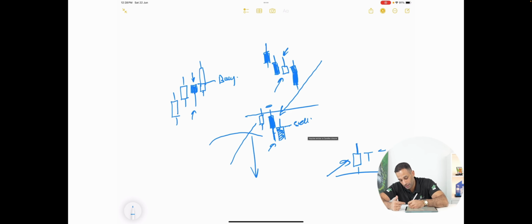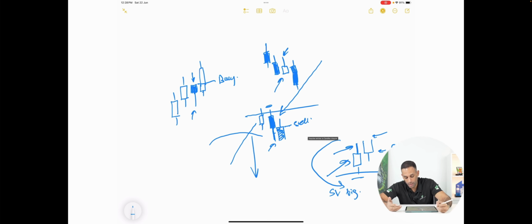I want to sacrifice these 4 to 5 pips of this wick and then take a buy up over here. That makes no sense, because if you're taking a buy up over here, your stop loss is down here, stop loss is bigger, right? But if you're taking a buy at this point, your stop loss is smaller.